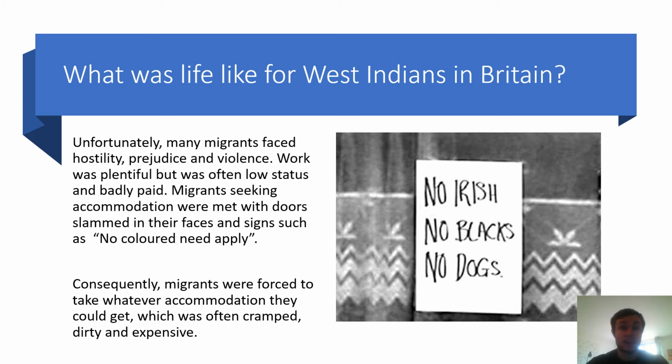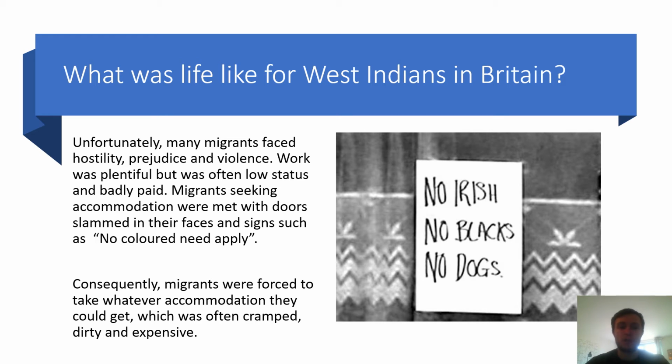So on this slide, again, read the text and look at the picture. But the picture is a racist card that was put in a window of a cafe in the 1980s, or that's what we think from the history we have about it. You can see it's a really horrible racist card, but that was the reality for many West Indians, for many Irish at the time, that they were not allowed in certain places and were even compared to animals.